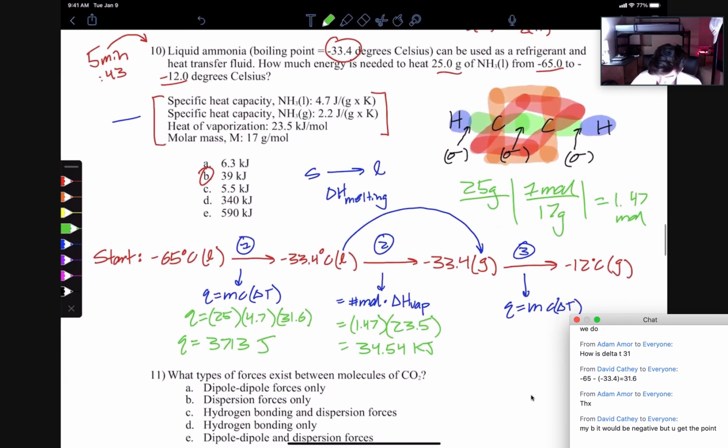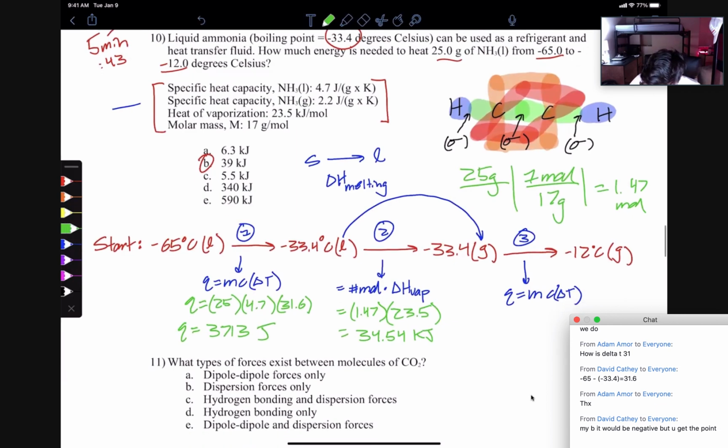Okay, and now we've vaporized it. So now this is a gas. Now we need to increase that temperature a bit more, so we can use Q equals MC delta T again. Our mass hasn't changed. It's still 25 grams, but for our specific heat capacity, now we need to take the one as a gas. So that's 2.2.